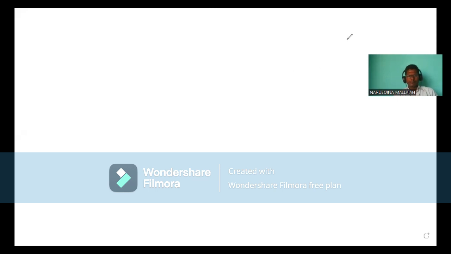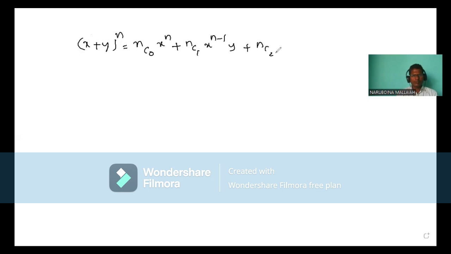Now I am writing that formula: (x plus y) whole to the power of n is equal to nC0 x to the power of n plus nC1 x to the power of n minus 1 y plus nC2 x to the power of n minus 2 y square plus and so on plus nCr x to the power of n minus r into y to the power of r plus and so on plus nCn y to the power of n.